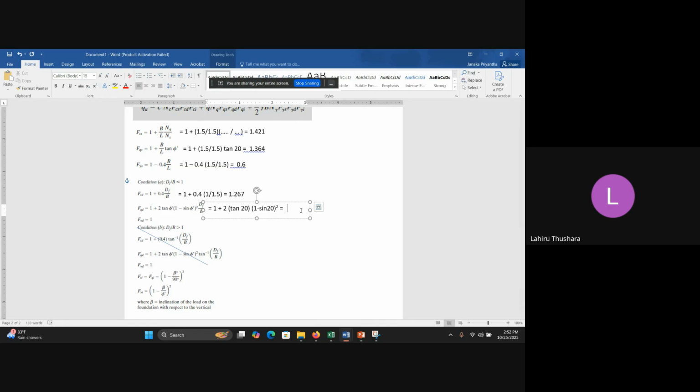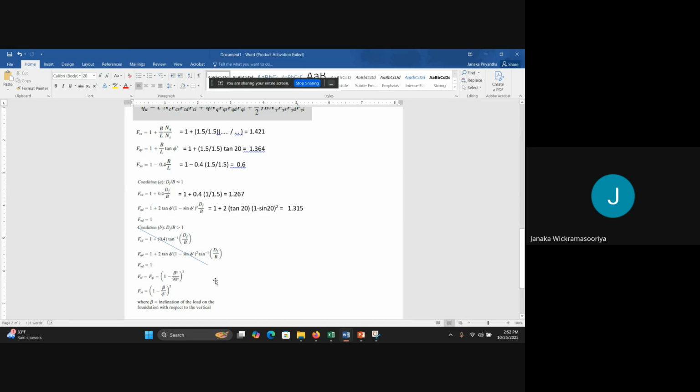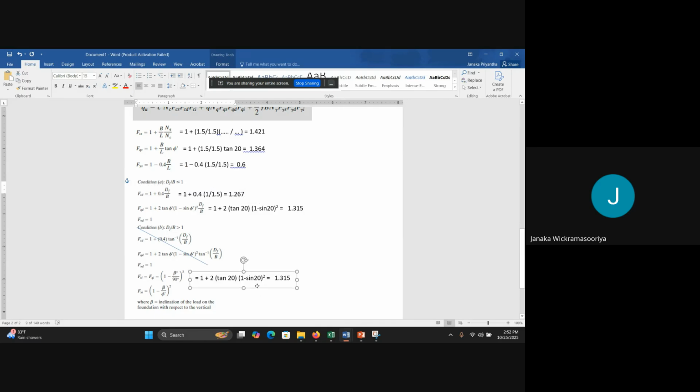So 1.315. Okay, thank you. And we have some more, that is this one. It should be something like this: 1 minus beta, where beta is the inclination of the load on the foundation with respect to vertical. Beta should be 0.